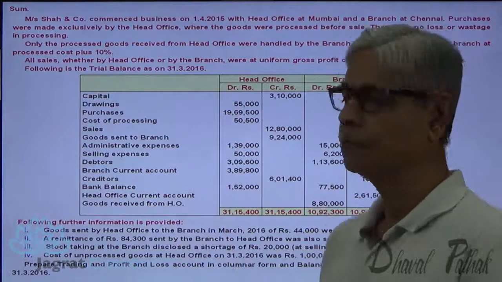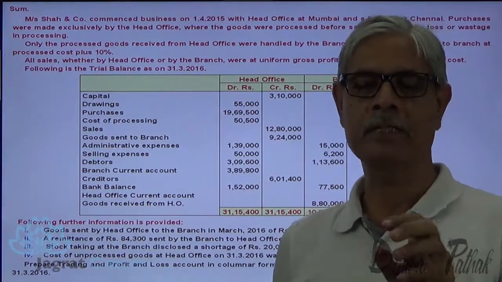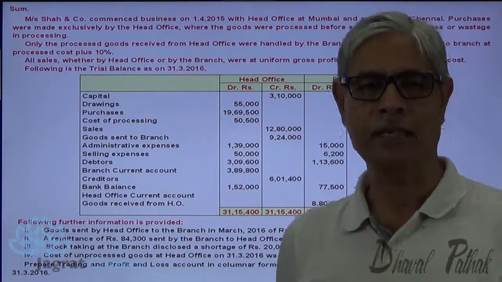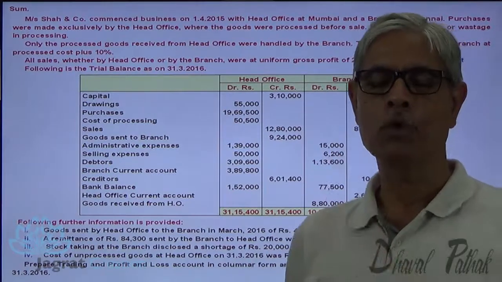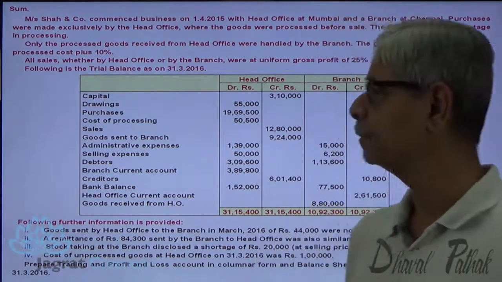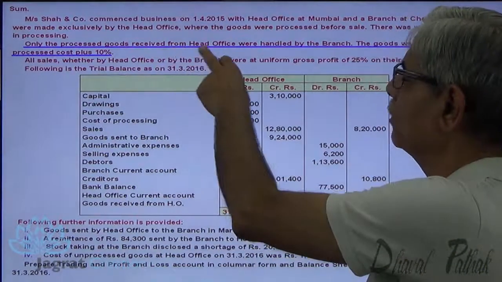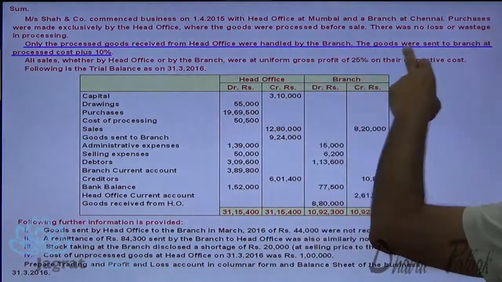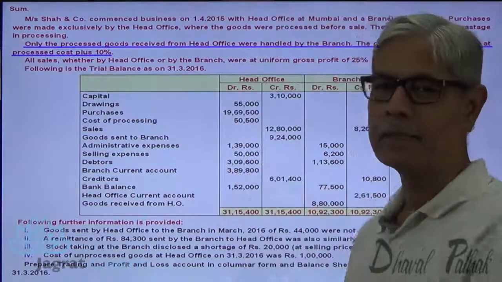Before I start, let me explain this percentage of profit, the invoice price, cost to branch, cost to head office, etc., and how the policy is framed to arrive at the sales price. Only the processed goods received from head office were handled by branch. The goods were sent to the branch, processed goods, at cost plus 10%.